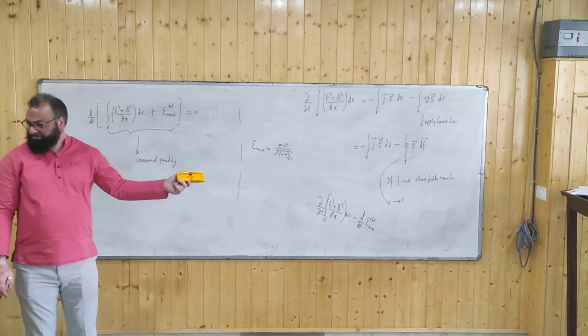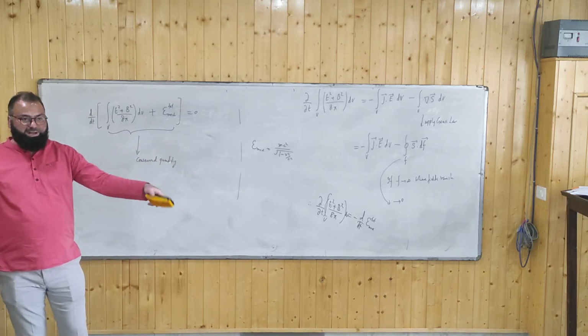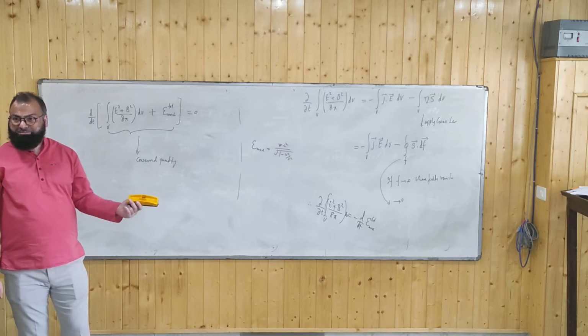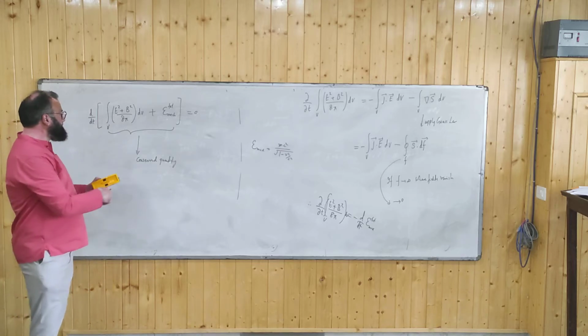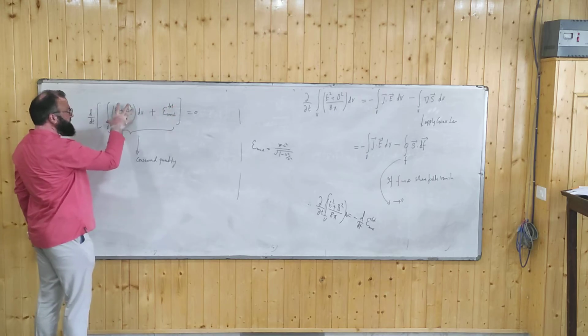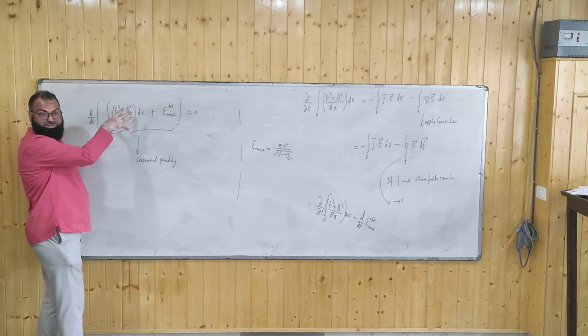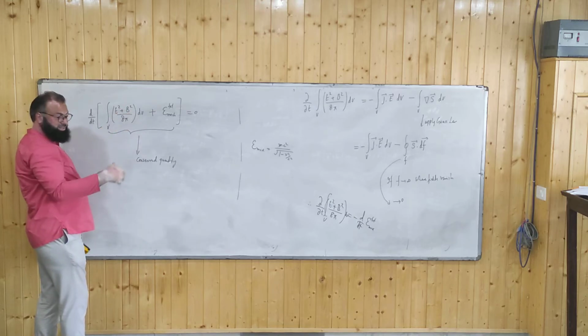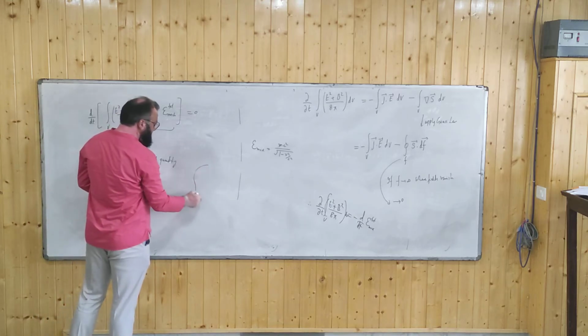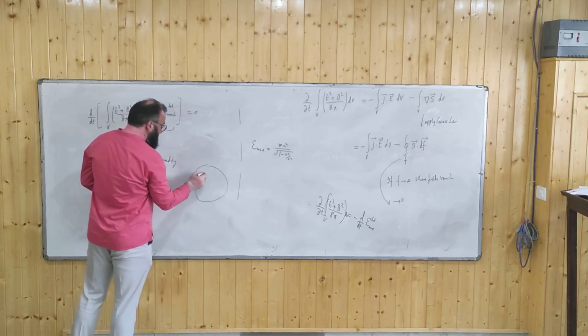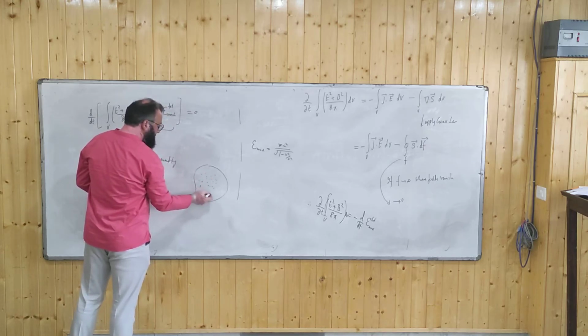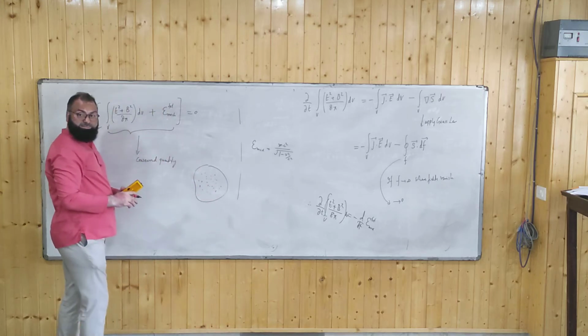Otherwise, it will be simply kinetic energy plus potential energy of the particles. Clear? Samajh aa? So this is okay. If this is energy, what this should be? This is energy as well. Yes. If you are having a closed system, let's assume you are having a closed system where you are having particles carrying the charge, okay, clear?